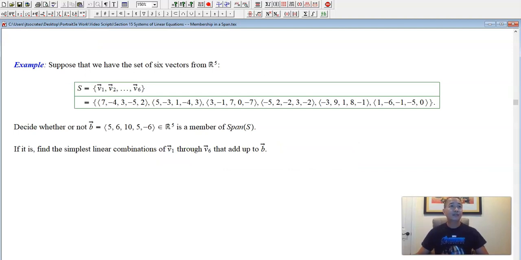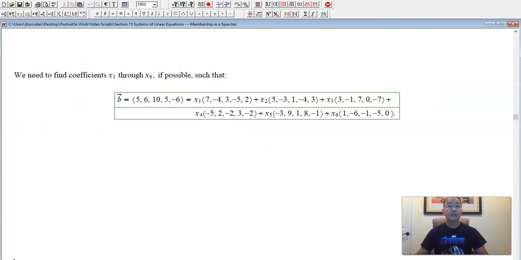Suppose that we have this set of 6 vectors from R5. So those vectors are v1 through v6, and we see them listed here. We are going to decide if this vector b, 5, 6, 10, 5, negative 6, which is also from R5, is a member of the span of S. And if it is, we are going to find the simplest linear combination of v1 through v6 that adds up to this vector b.